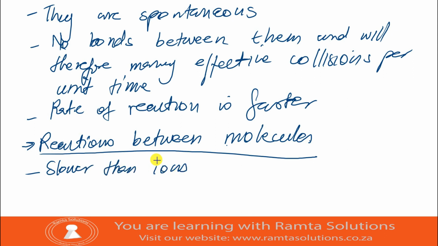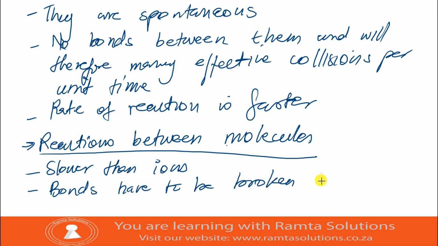Why is it slower than ions? Because bonds have to be broken in order to form new bonds.